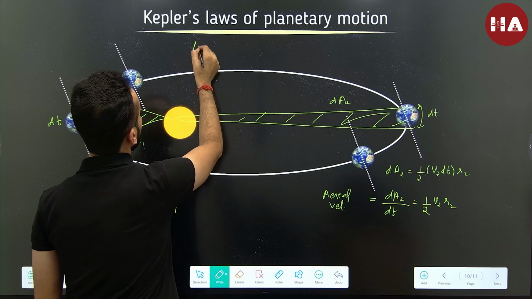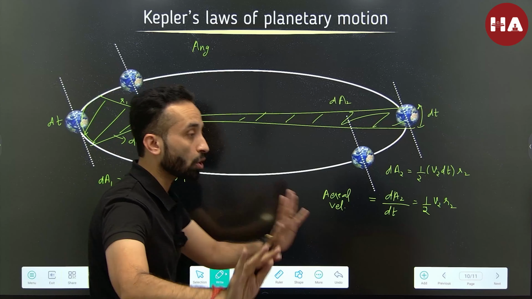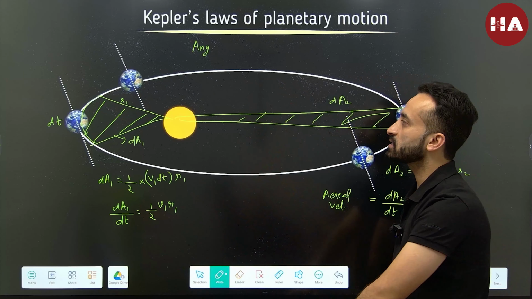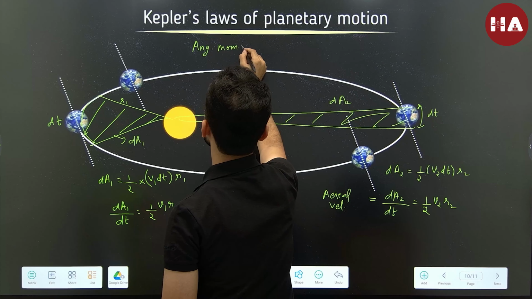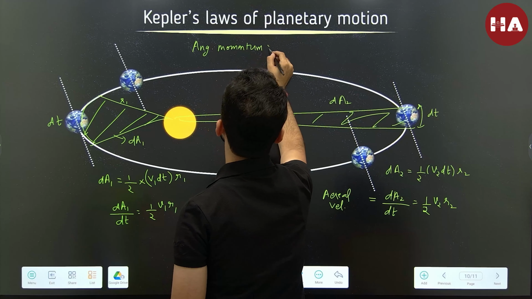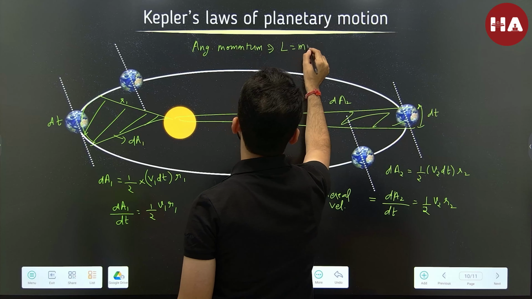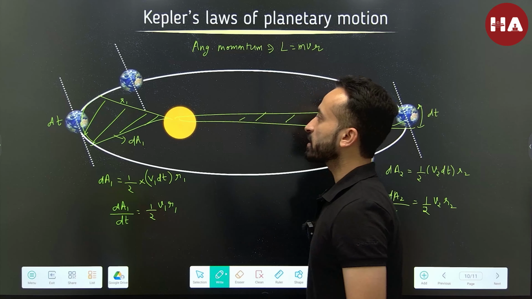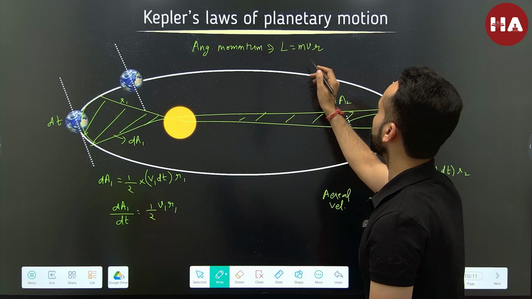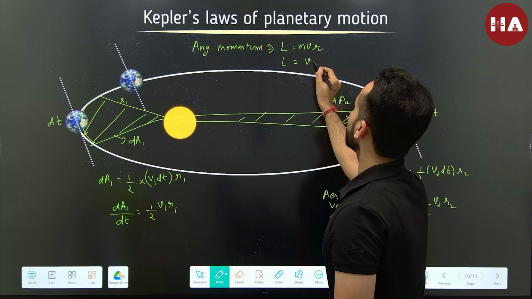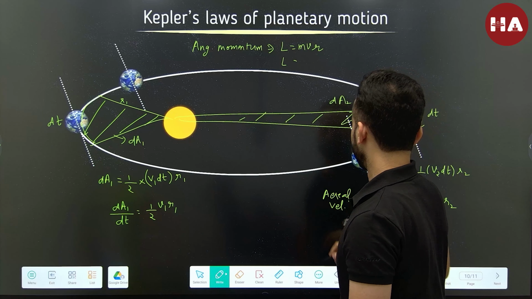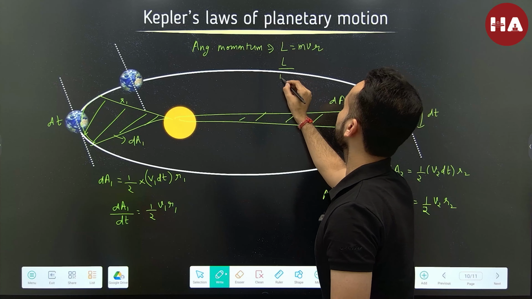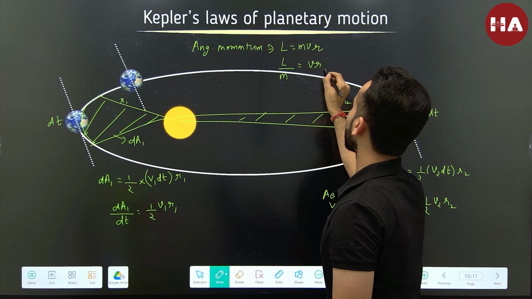And if you know about angular momentum, so this is all optional. If you know about all these things, only then you go into this discussion. So angular momentum is mvr. So mass of the planet is not changing, so vr is constant, or we can write, let's say, L by m is equal to vr.